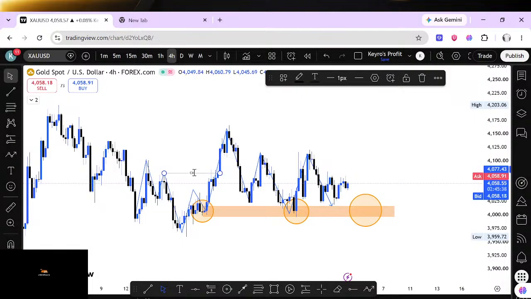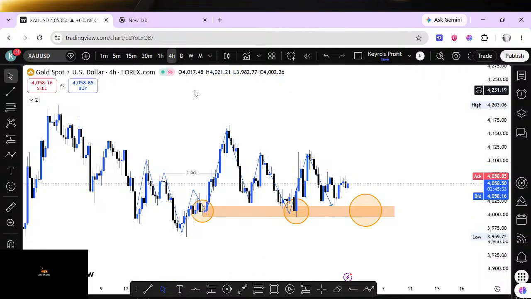All right, this is now where the change of character happened. Now this zone, because the market changed its momentum a little bit, not on the higher time frame, not on the overall movement, but on the current time frame that we are in, it changed the character here. So what caused this change of character is this movement from this zone here at the order block zone. So that's how we identify the change of character.